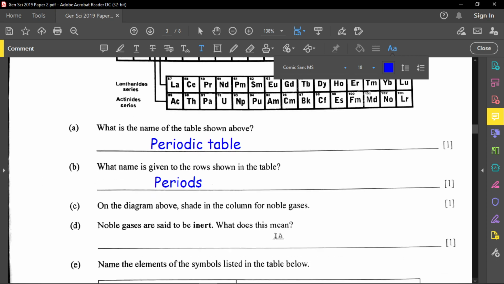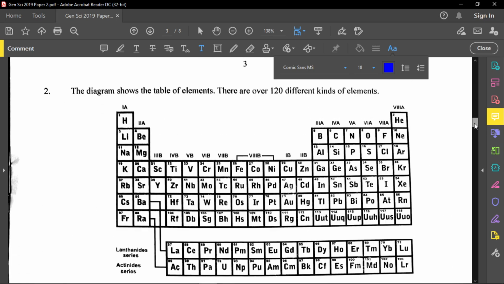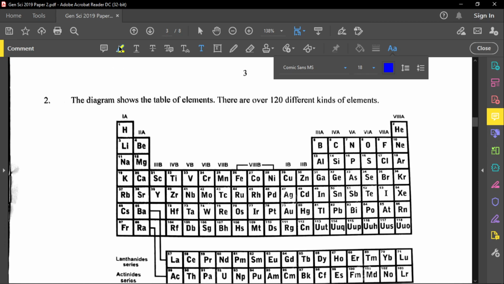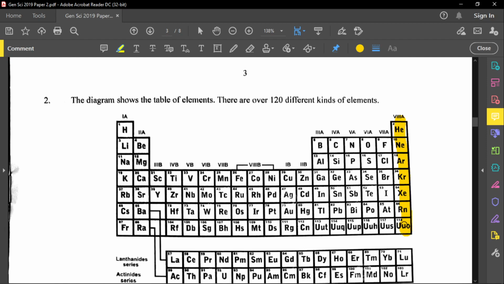Part C says on the diagram above, shade in the column for noble gases. Noble gases belong to group 8 or group 0, which is the last column on the chart. So this is the noble gases column. Once you shade that in, then you'll be good.